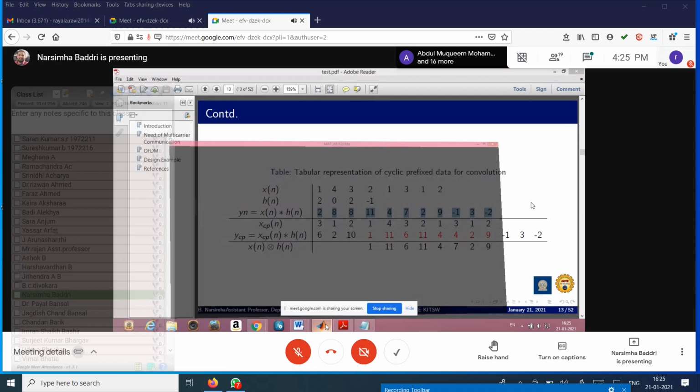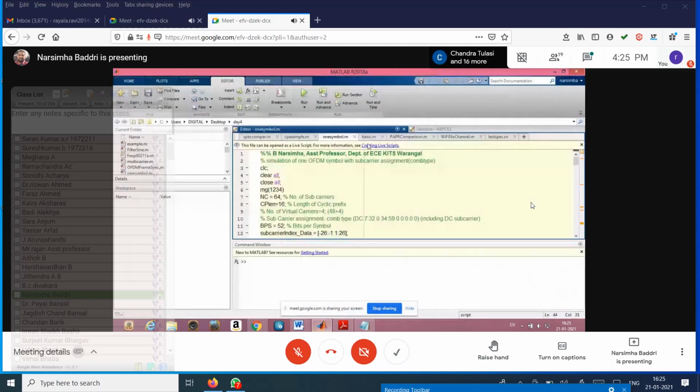And you can also see, yeah, this CP example. Yeah, one moment.